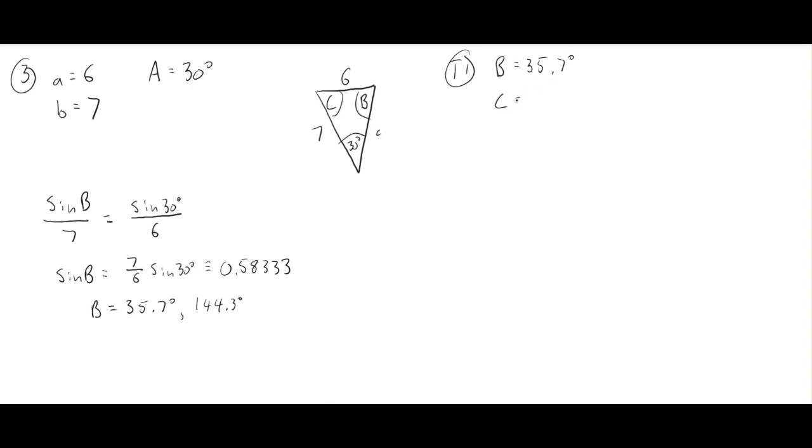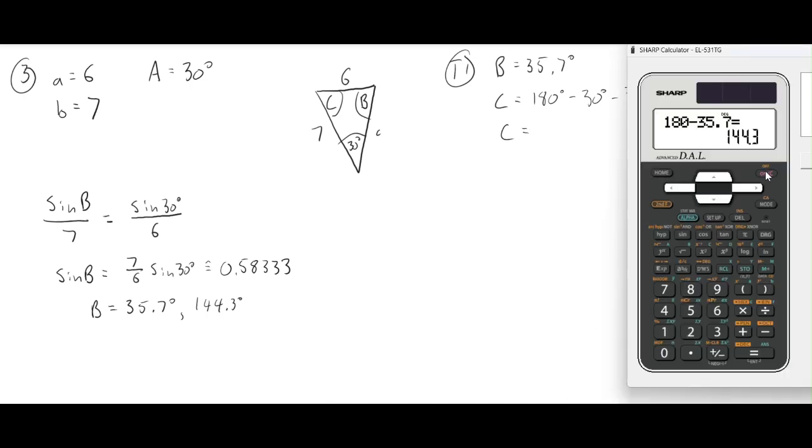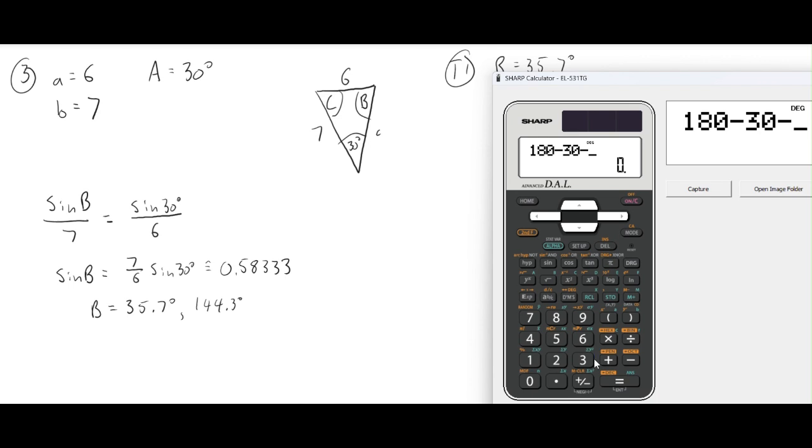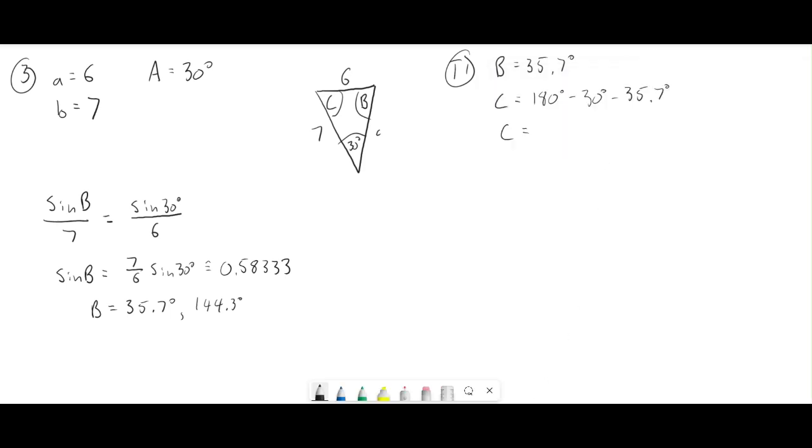So C will be 180 degrees minus A minus B, and that angle works out to be 180 minus 30 minus 35.7. So we get 114.3 degrees for the angle C.